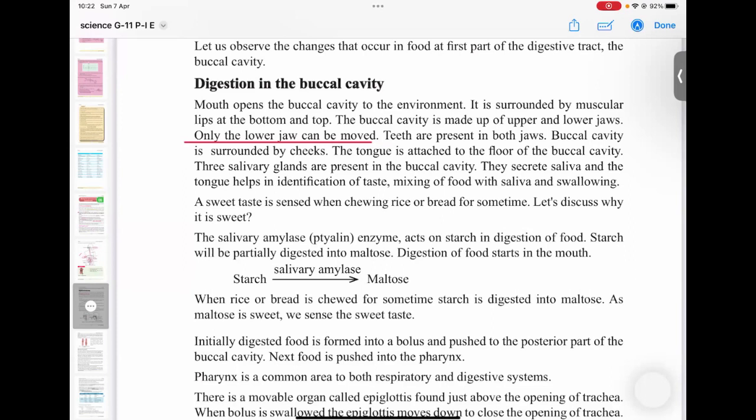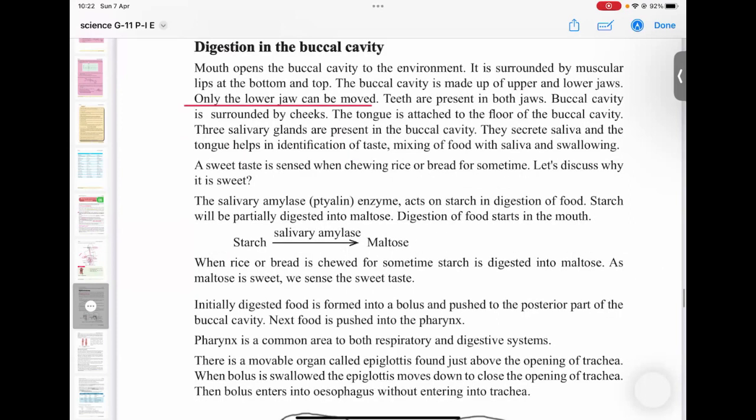They will secrete saliva, and the tongue is a very nice thing in our body because it is the one which identifies the taste. Okay, then only you get appetite when you taste very good food. So you'll get the appetite and you will obviously eat. Then the tongue also helps in mixing the food with the saliva, and it helps in swallowing.